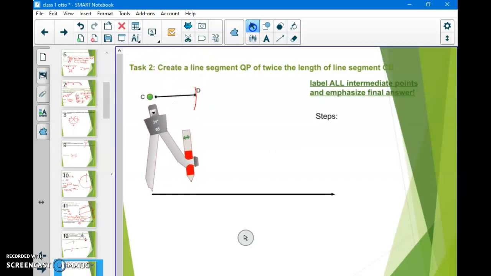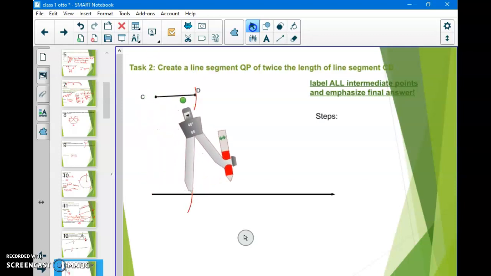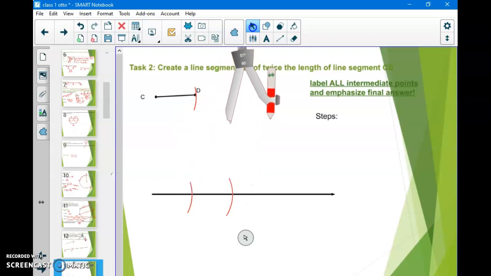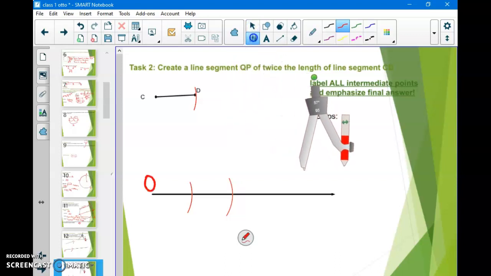I have that length, and then I'm going to mark it off once, and I'm going to go to the end point there and mark it off again. So now my QP is that length, twice as long as CD.